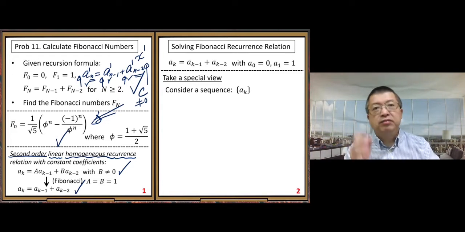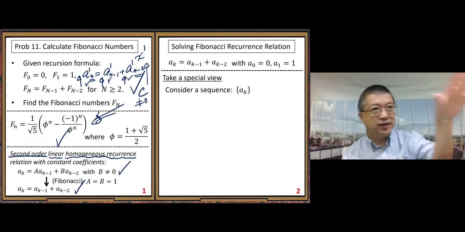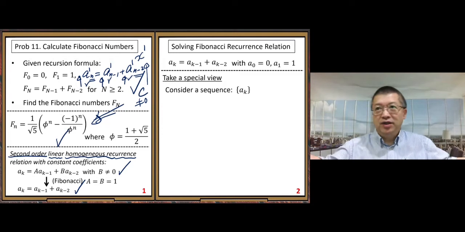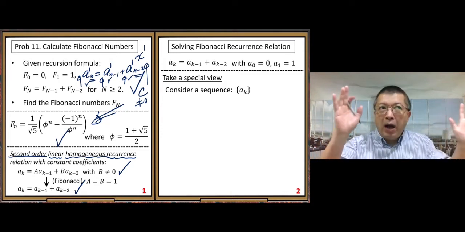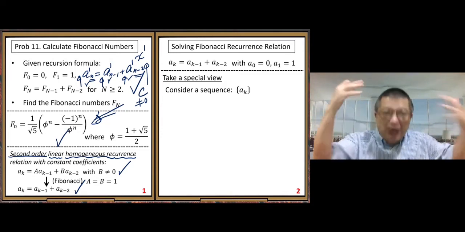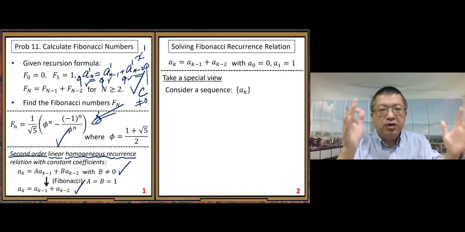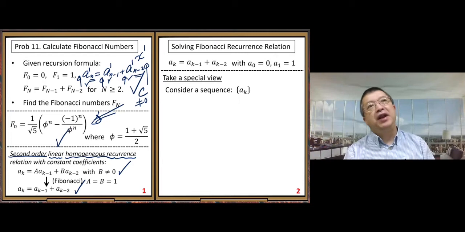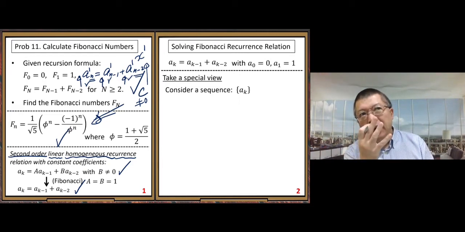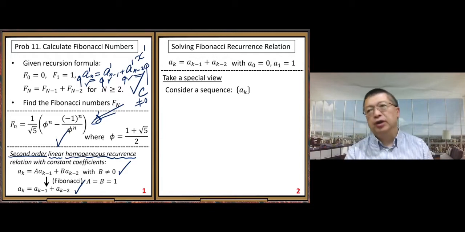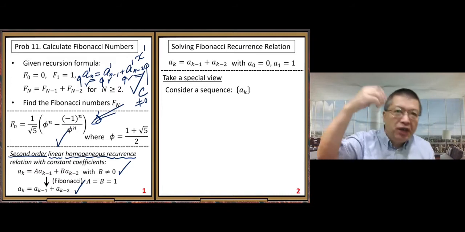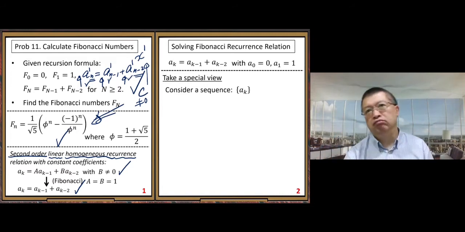Consider a sequence a sub k, the Fibonacci sequence. Now we need to imagine what possible structure this sequence can take. That is important. We like to put a special structure on the sequence so that we can take advantage of that structure.